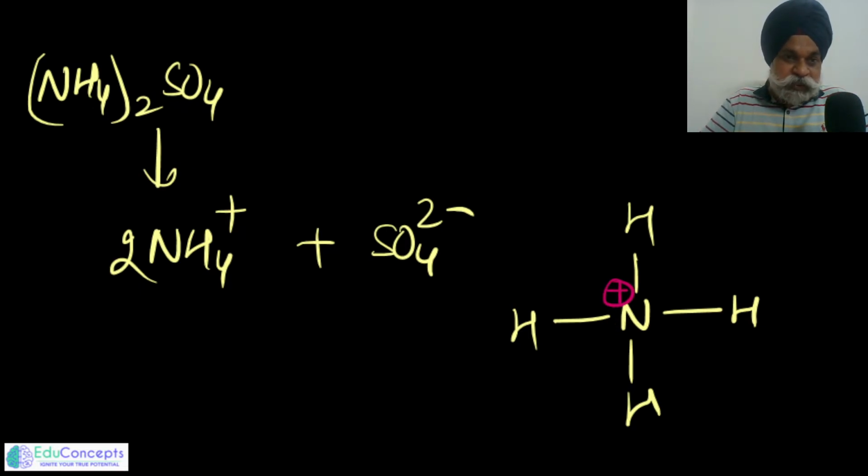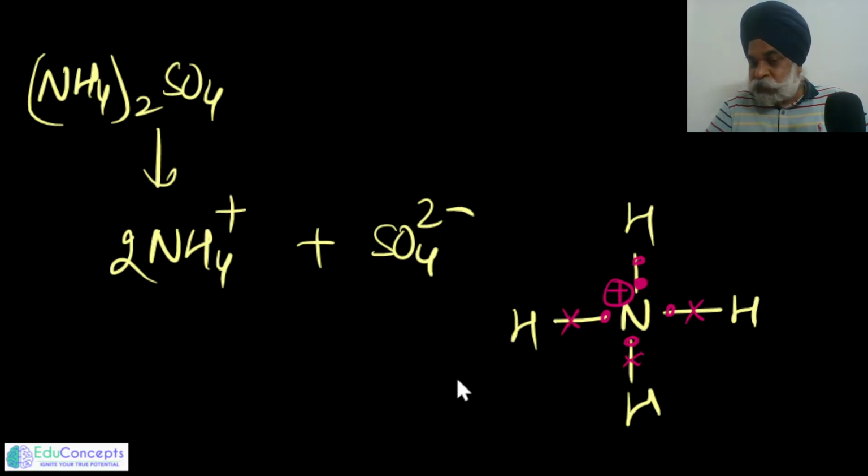Actually I missed the example here where I was discussing the amide. Along with that I wanted to discuss the ammonium. Anyhow, let us see here. So here nitrogen is having 3 electrons, and these electrons are of nitrogen, and these cross electrons are of hydrogen.